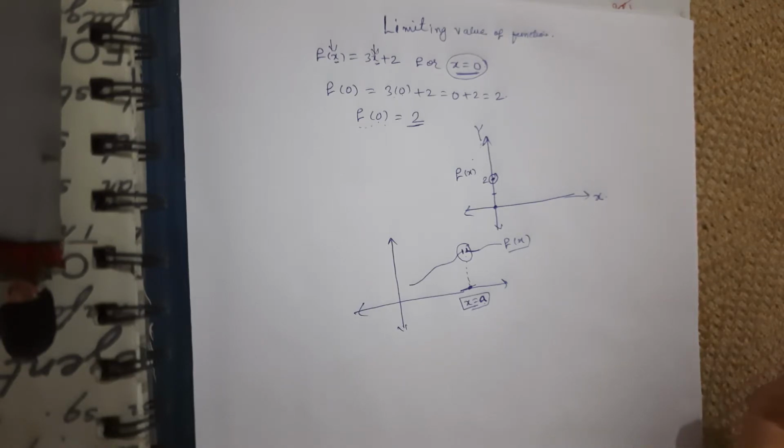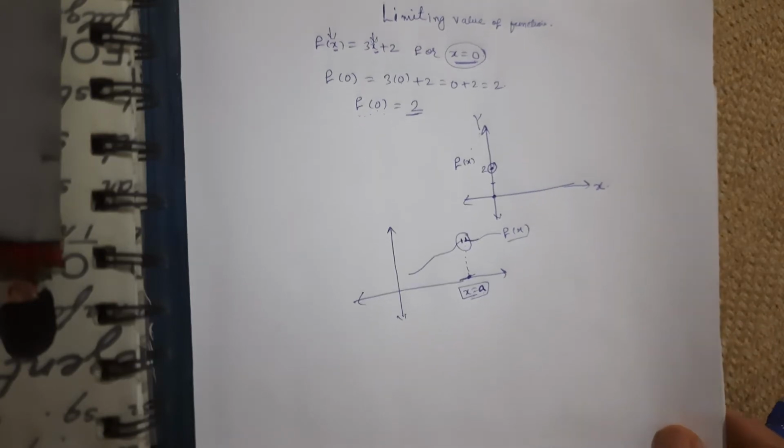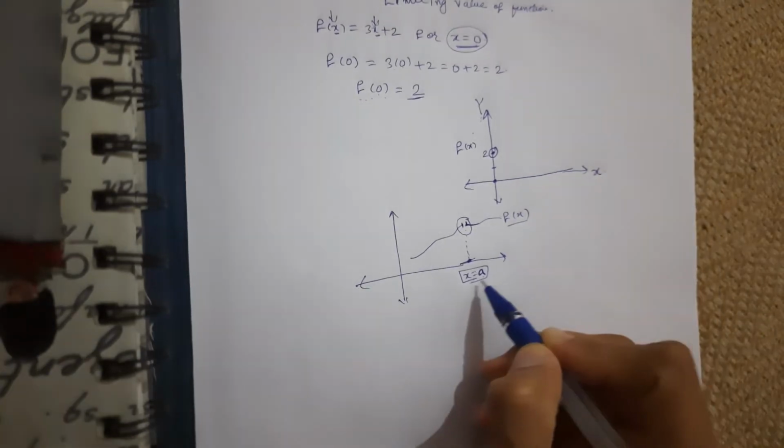These kinds of sentences we hear a lot in our daily life. What do I mean if I say that's my limit? It means I cannot go beyond that point. I'm already at the highest or nearest point in my life and I cannot go beyond that point. Similar meaning we use in mathematics.